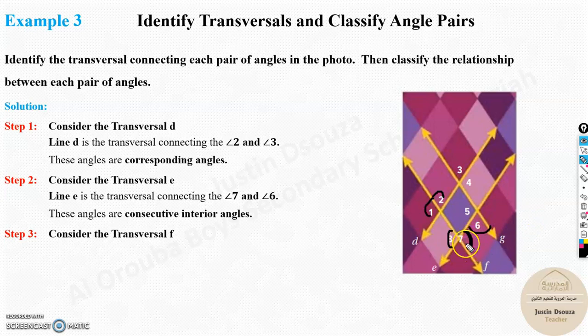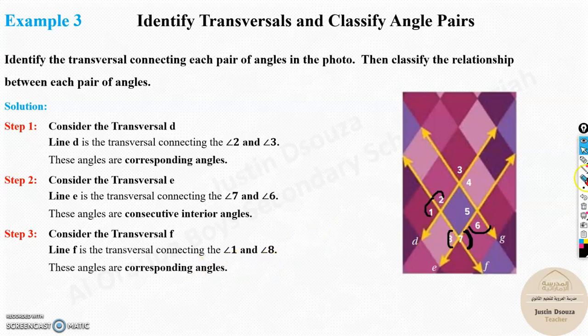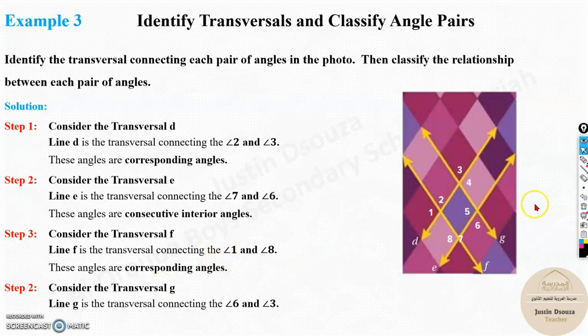You can take 7 and 1, they are exterior. Over here 1 and 8 is taken because they're corresponding angles, or you could have taken even 7 and 1, they are alternate exterior angles. It's up to you. So it depends on the options basically. And over here transversal G, they have taken 6 and 3. This is alternate exterior angles. Sorry, I said external, it's exterior angles.